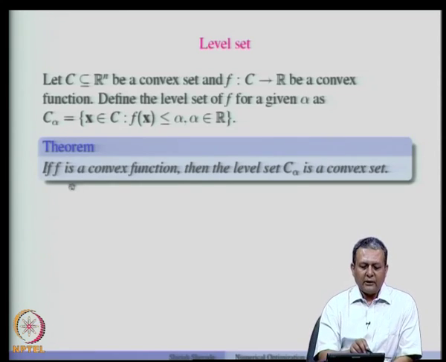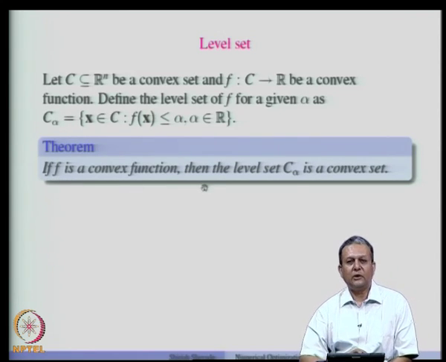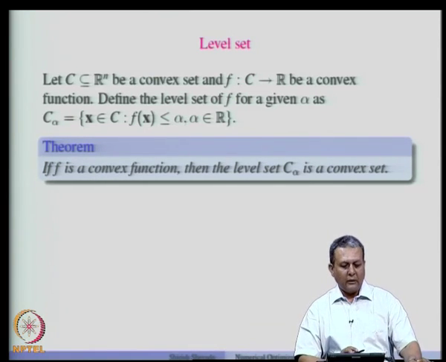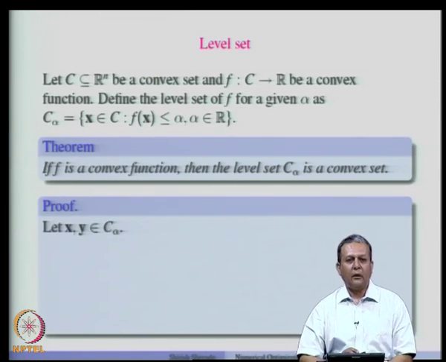Now, we have a theorem which says that if f is a convex function, then the level set C alpha is a convex set for every alpha belonging to R. It is easy to prove this theorem.